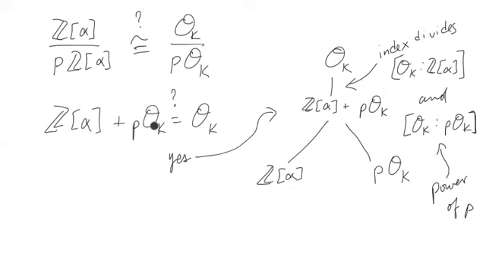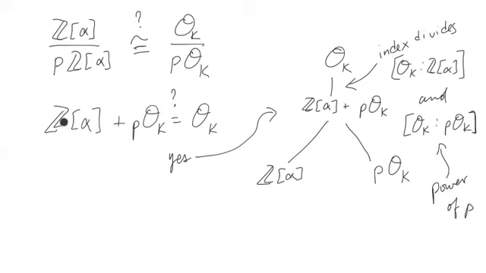Okay, which is the same thing as saying: is this abelian group equal to this abelian group?